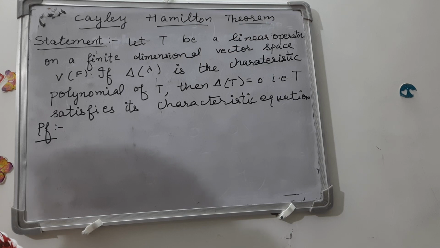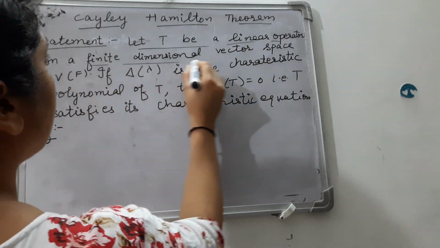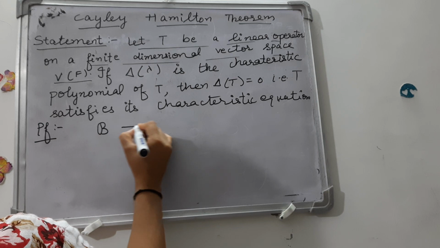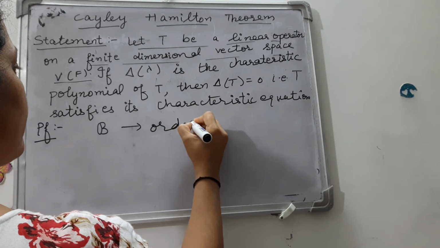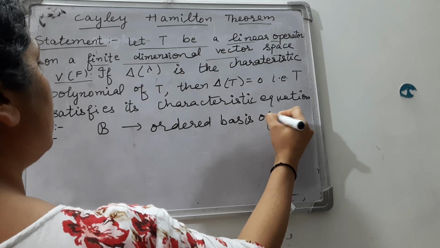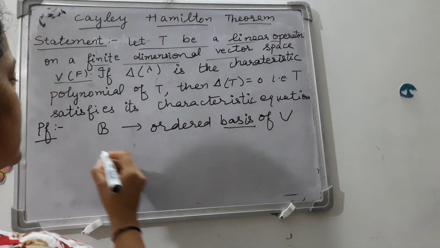Let T be a linear operator on an n-dimensional vector space V over field F. We consider B as an ordered basis of V. Because V is a vector space, by the existence theorem there always exists a basis.